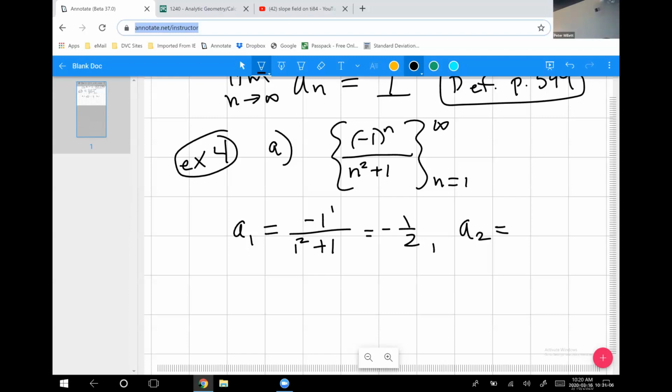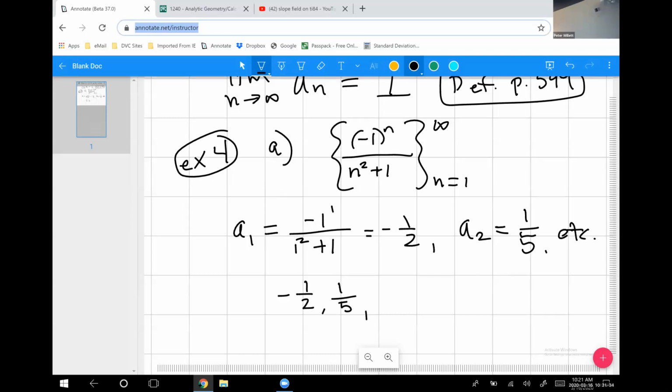Similarly, if I plug in a 2, if I square the -1 up top, it becomes a +1. And if I square 2 on the bottom and get a 4 and add 1, I get 5. So I get +1/5. And so using this pattern, let's just write out the first 4 terms. So we'd have -1/2 followed by +1/5.